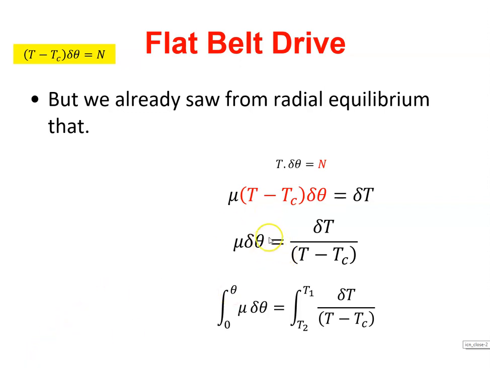So if I bring the T minus Tc over to this side, I get mu times d theta equals dT over T minus Tc. So I want to integrate that over the full length of the pulley. So it goes from 0 to theta and from T1 to T2.